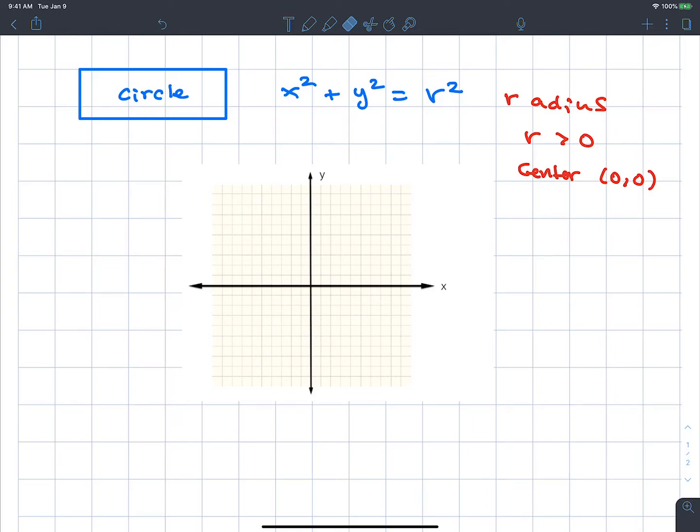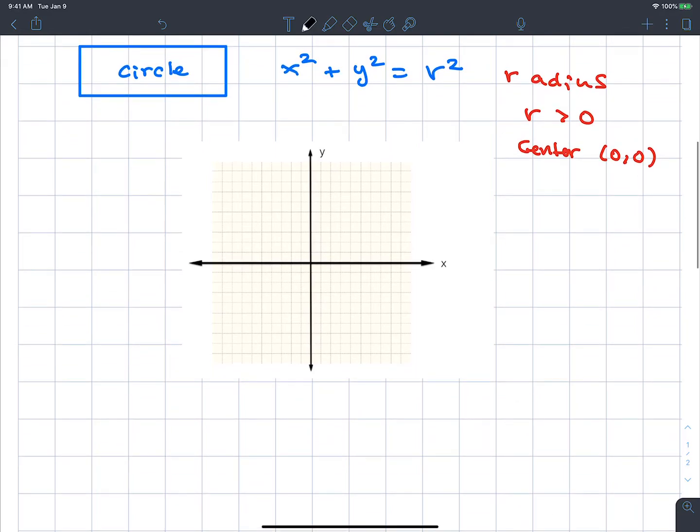So where this comes from, so you guys know, it comes from geometry. Here's some point, we'll call that xy. And here's another point, here's your origin at 0, 0.